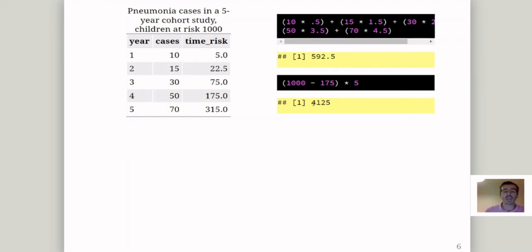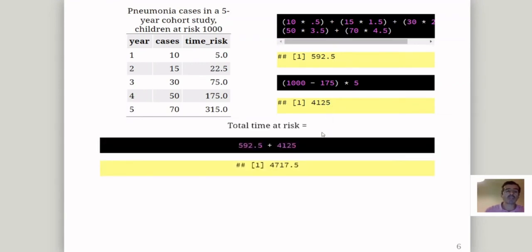So the total amount of the healthy kids' contribution, the time at risk, is 4,125. So we sum up these contributions of time at risk for the cases and the healthy population, and it's going to be 4,717.